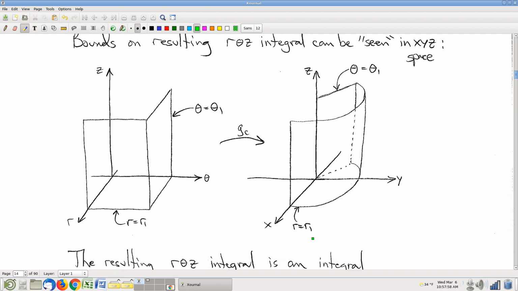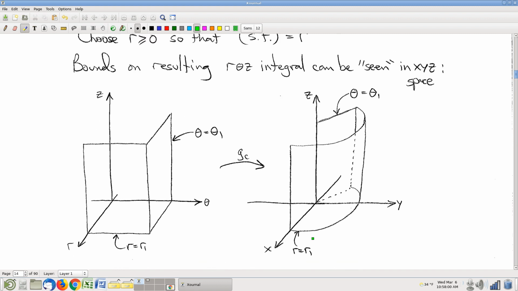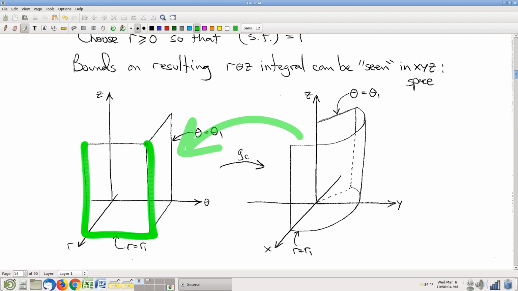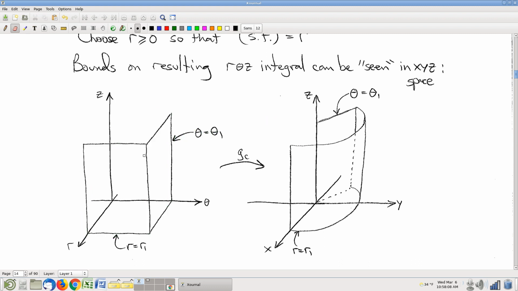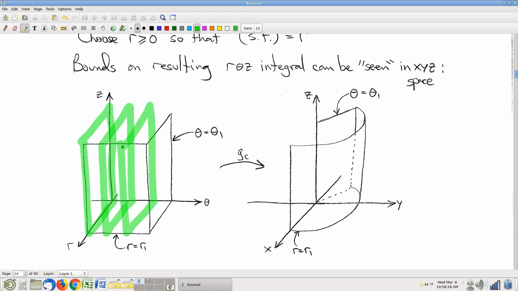Again, when you start slicing things up, you don't have to draw the pullback domain. Any slices that you do in the pullback, I would call those theta slices, for example, because they represent constant values of theta.